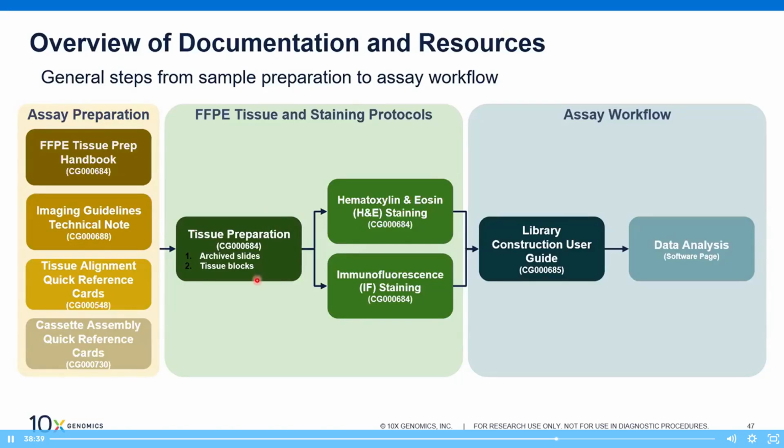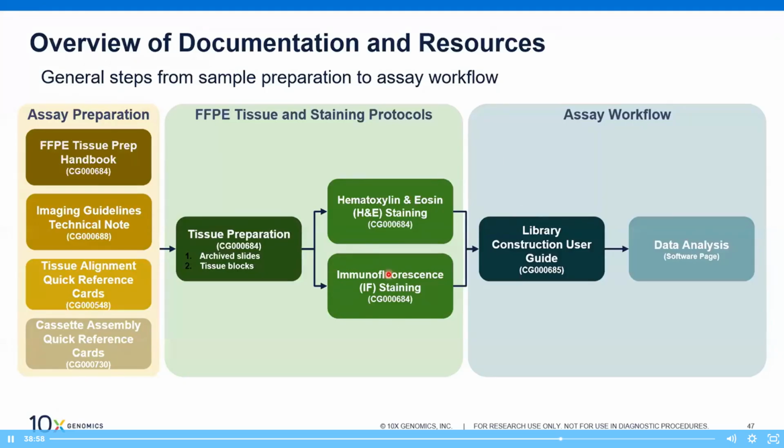But it also, of course, gives you a lot of information on how to prepare your tissue blocks, how to section your blocks, how to place them on the slides correctly, and how to move on from placing to hematoxylin and eosin staining, or to immunofluorescent staining.